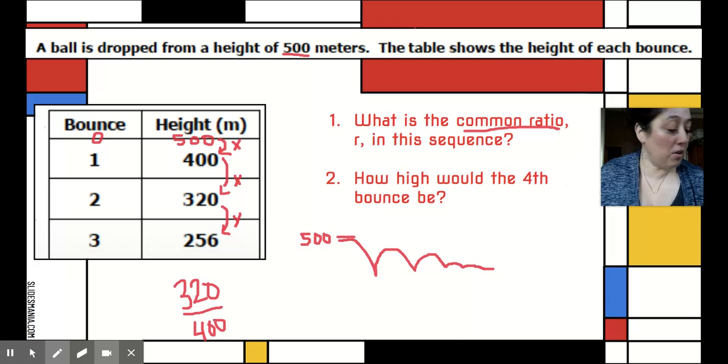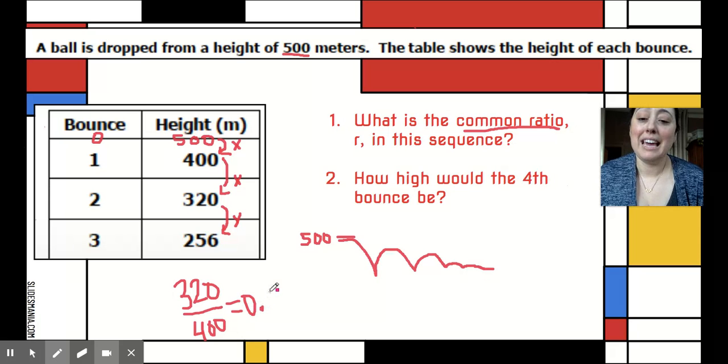Okay, so let's see. I'm just going to do that in my calculator, and I should get 0.8. Now, you could also write that as 8/10. Okay, and if I divide 8 by 2, that gives me 4. I'm just reducing that. And 10 divided by 2 gives me 5.